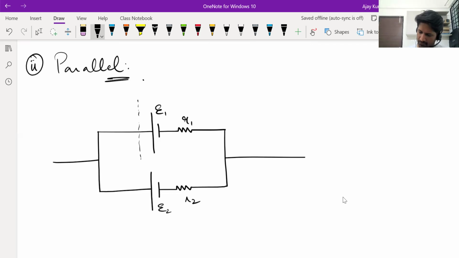They're connected in parallel, and for parallel combination, junctions don't matter. There may be junctions, may not be junctions.